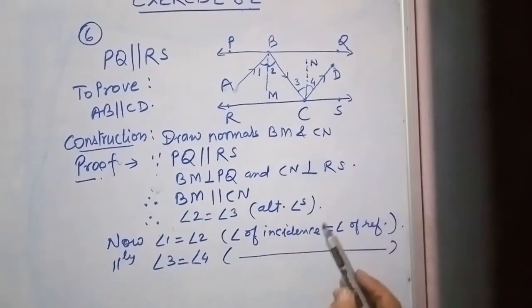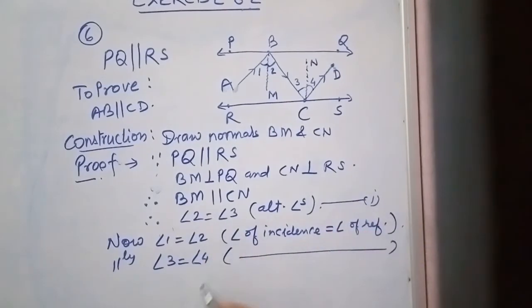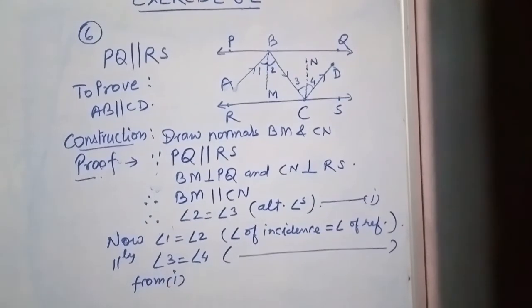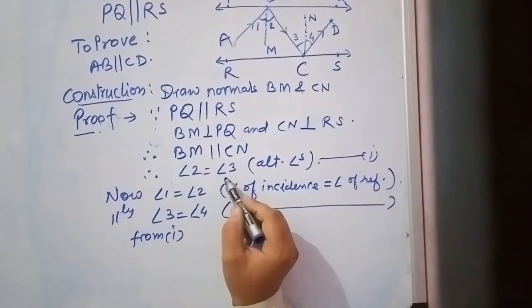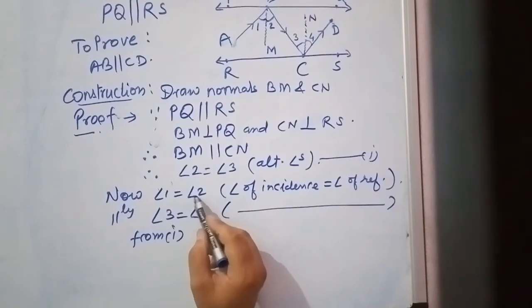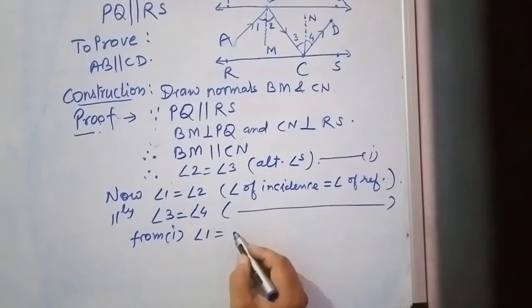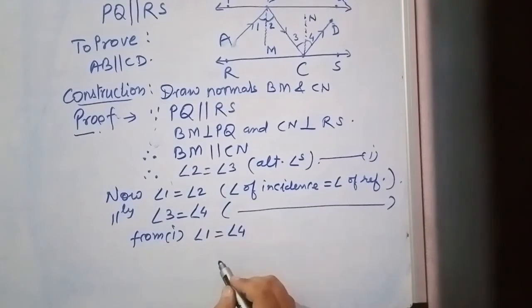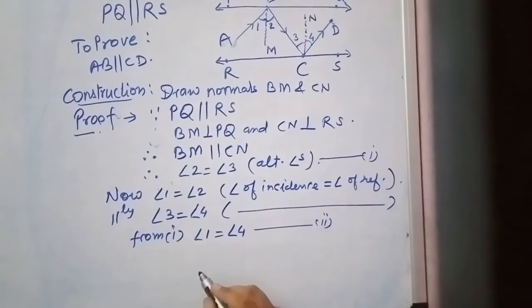Here angle 2 equals angle 3. Now put the value of angle 2 and angle 3. So from equation first, angle 2 equals angle 3, and here angle 2 may be written as angle 1 and angle 3 may be written as angle 4. This is equation number 2.